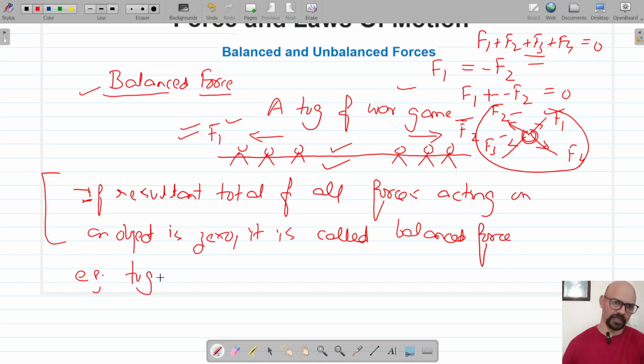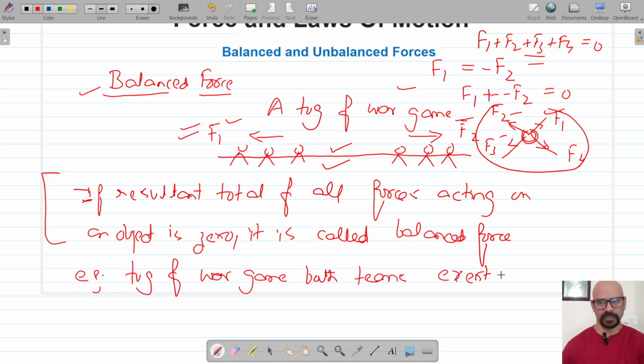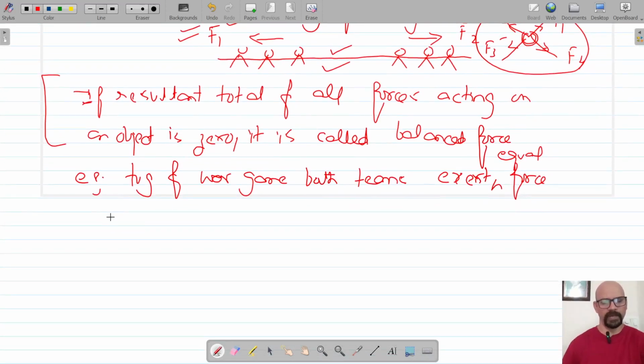In a tug of war game, when both teams exert equal force, that is an example of balanced force.